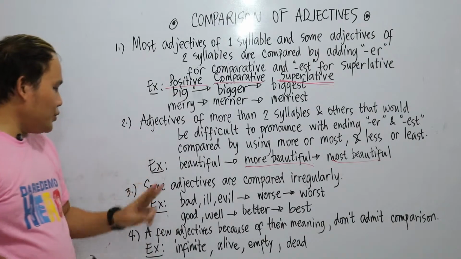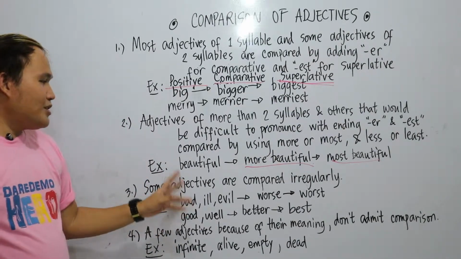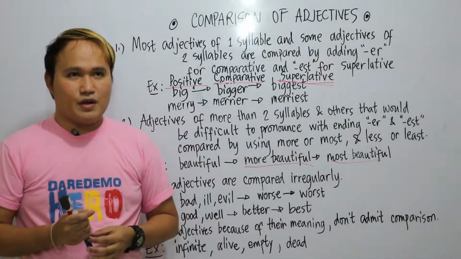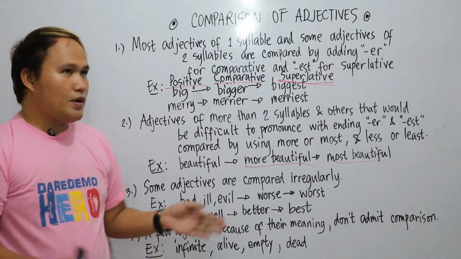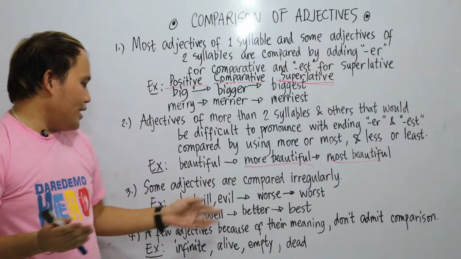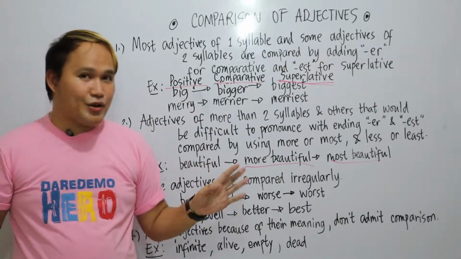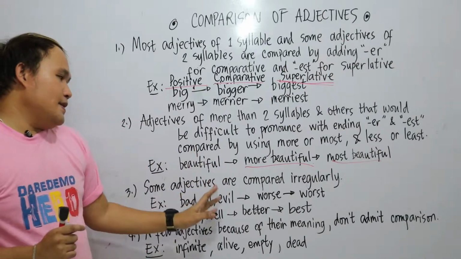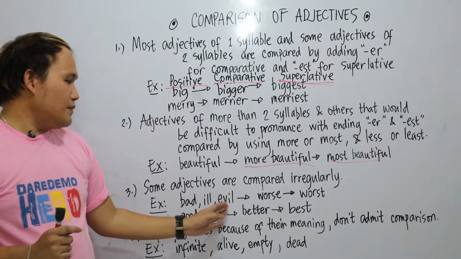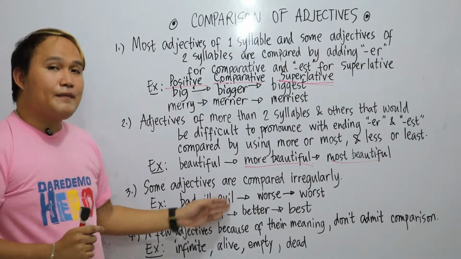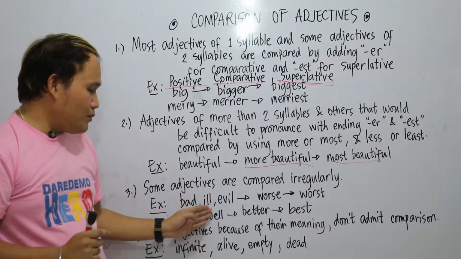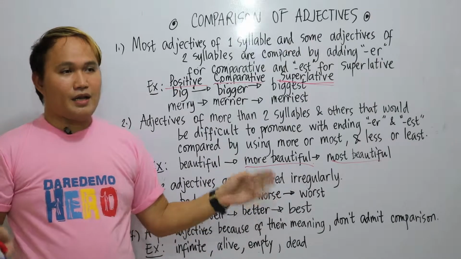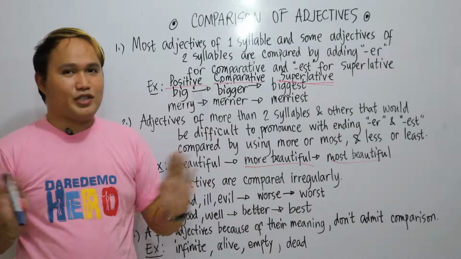Third rule. For adjectives that are compared irregularly, there are adjective words that are irregular. For example, we have bad. So you don't say badder or baddest. So for bad, ill, evil, these are irregular adjectives. For the comparative form, the spelling will be totally changed.